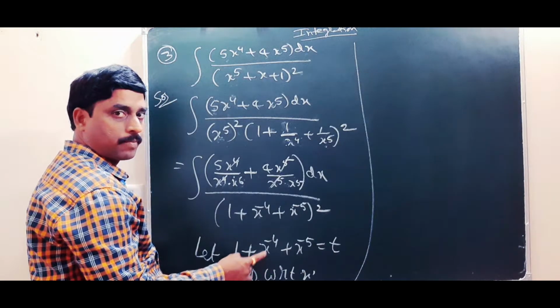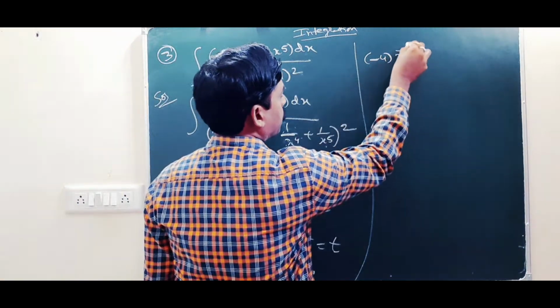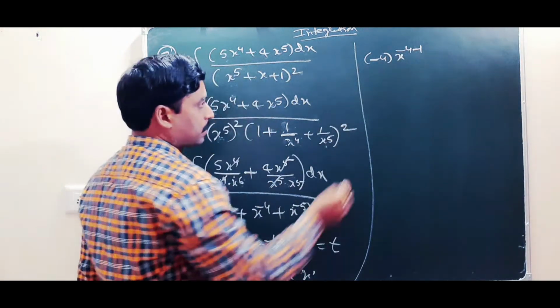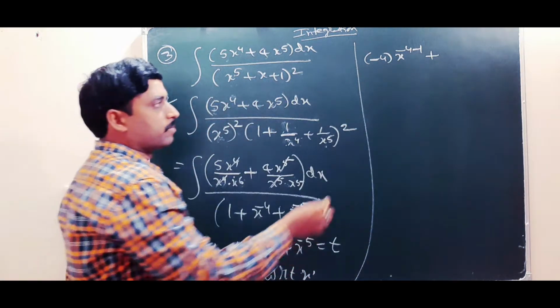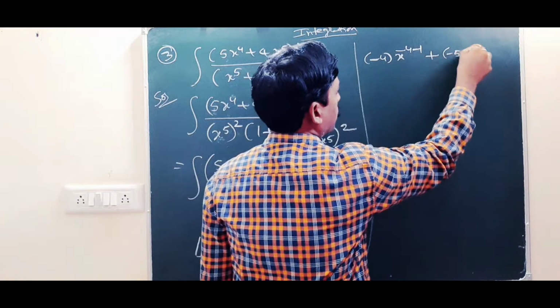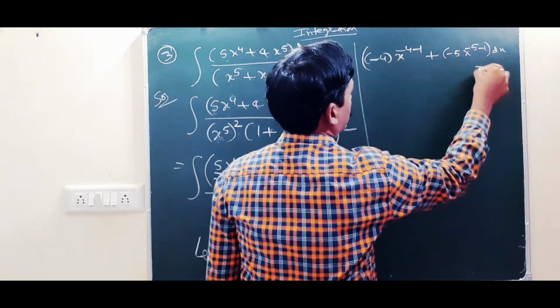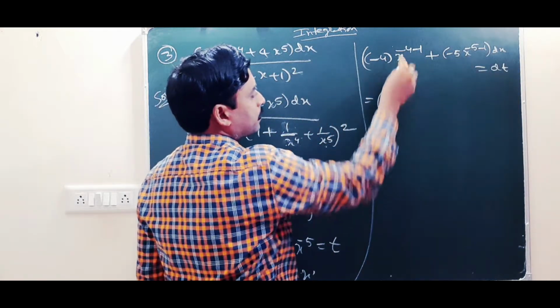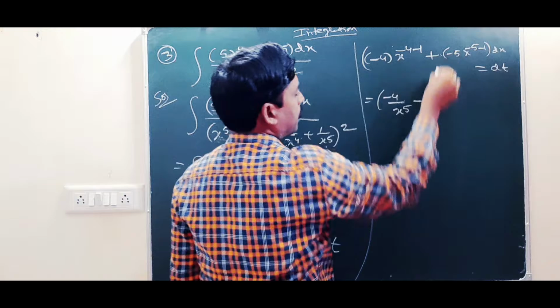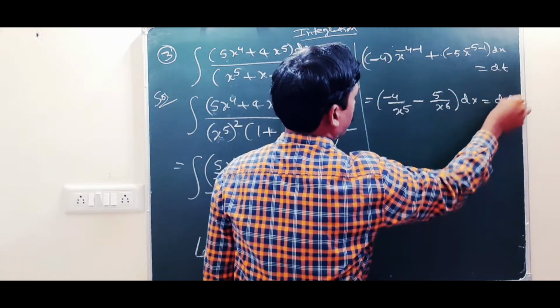Differentiation of x^-4 will be -4 times x^(-4-1), plus differentiation of x^-5 will be -5 into x^(-5-1), dx equal to dt. So it will be (-4/x^5 - 5/x^6) dx equal to dt.